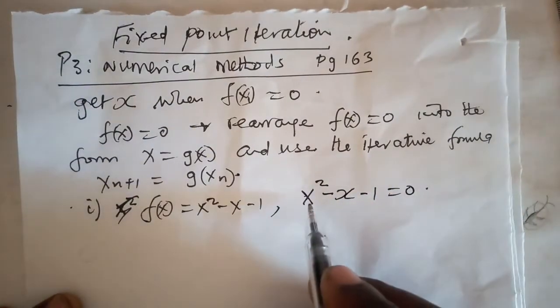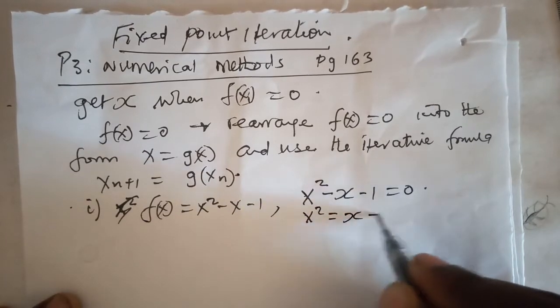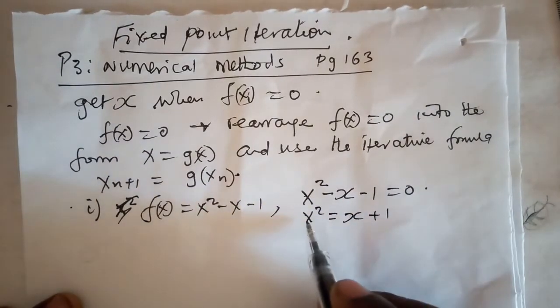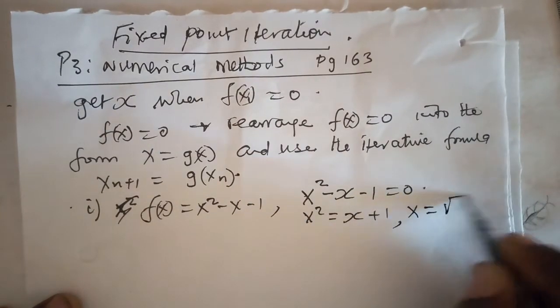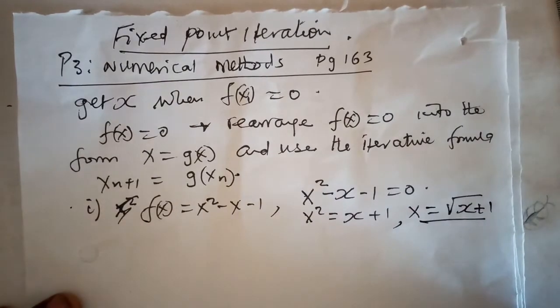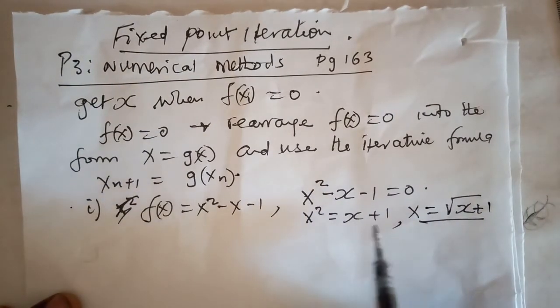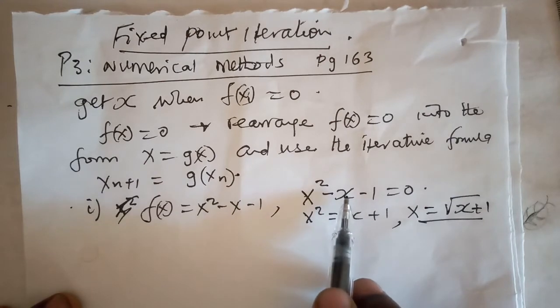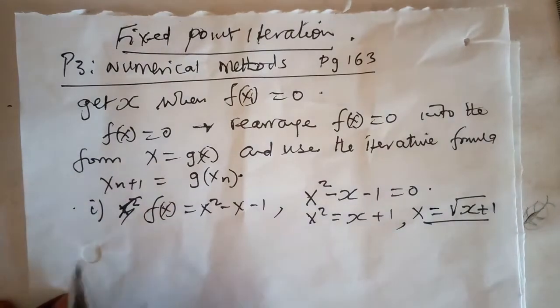And you may want to make x squared the subject. You may have x squared is equal to x plus 1. But we need x, we don't need x squared. And this follows that x is equal to the root of x plus 1. This is just an example of that iteration formula for this particular function. At some point, you may also make this x the subject of the formula, either way, so long as it helps you to work out the question.